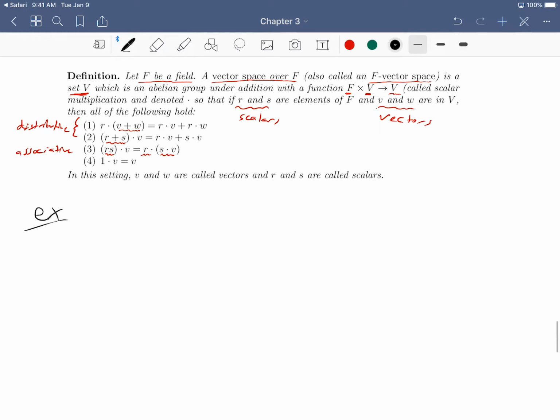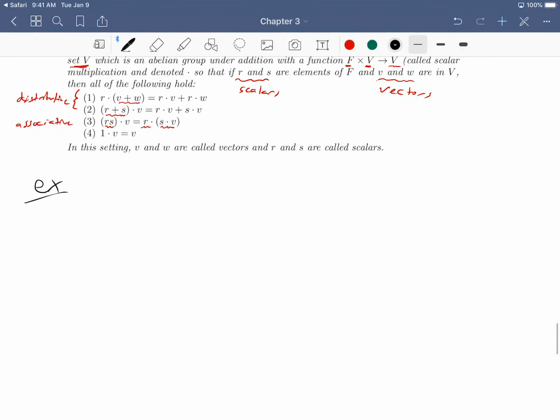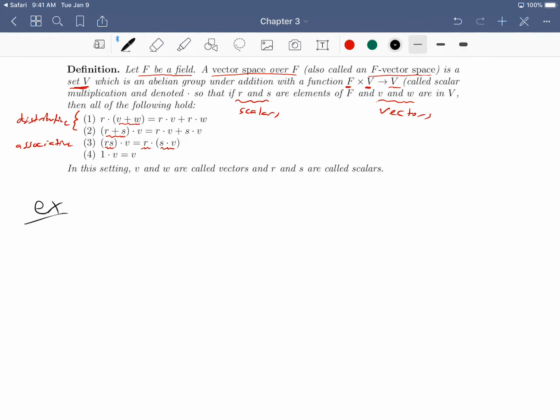All right, so let's look at some examples of these. So some are really familiar, and we looked at those in the last video. So let's talk about maybe R^4 is an R vector space. And so when I say that, I'm telling you two things. I'm telling you that R, these are my scalars, and R^4, these are my vectors.